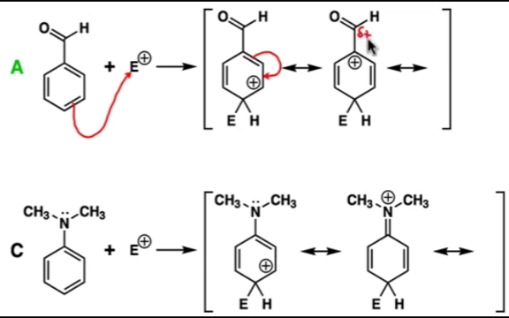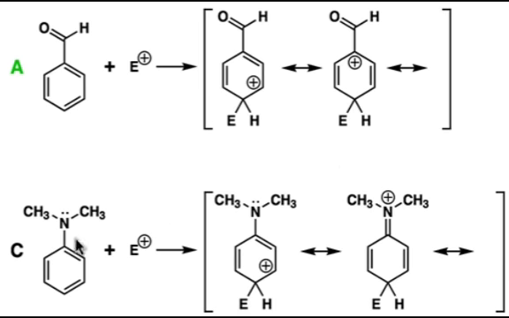And remember that the carbonyl group is polarized to be partial plus, partial minus in that direction. And so we have a positive charge adjacent to this partial positive charge of the carbonyl, and that's a destabilizing interaction. Molecules with electron withdrawing groups, like carbonyls, are deactivated towards electrophilic aromatic substitution.